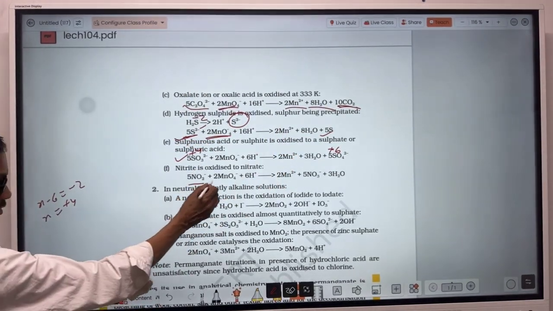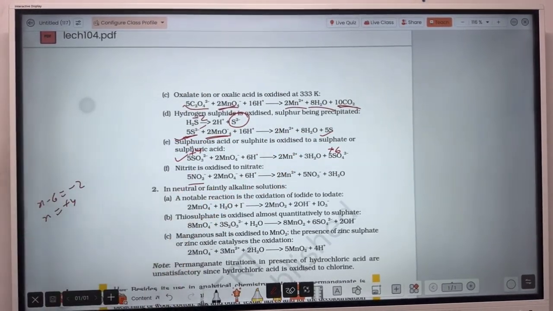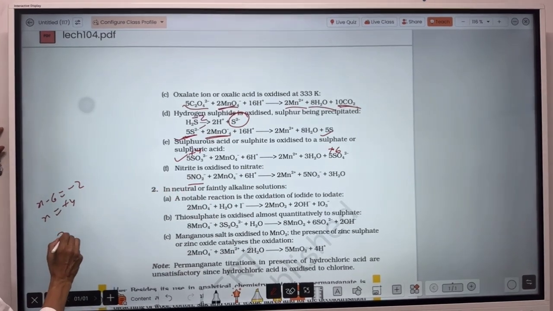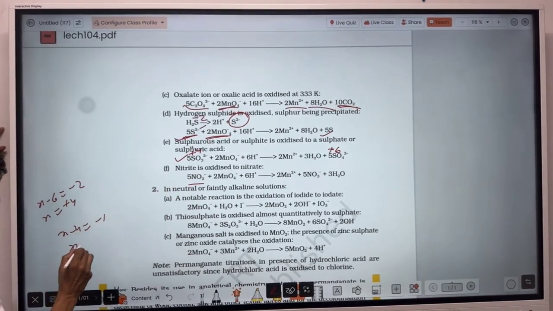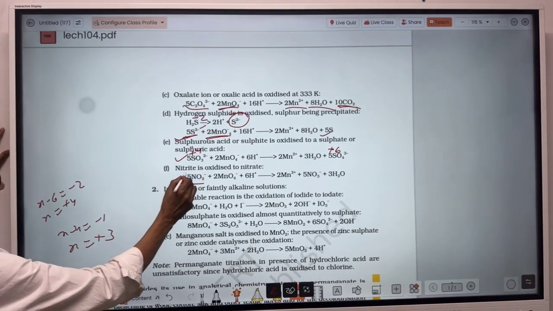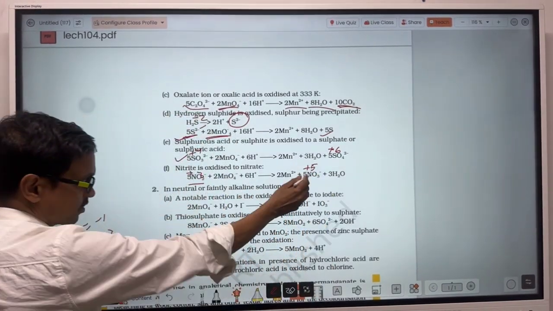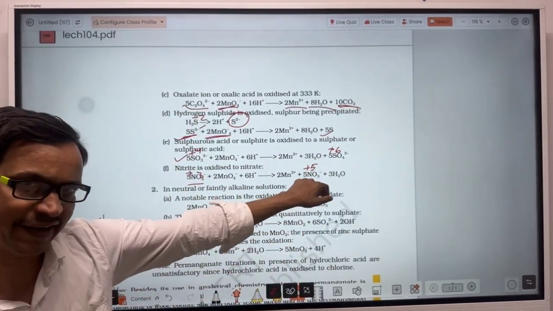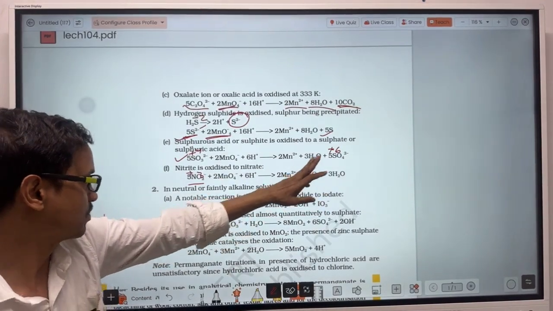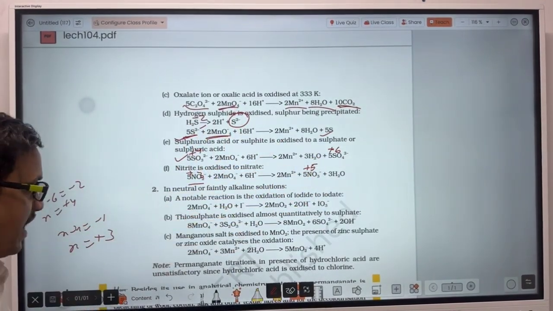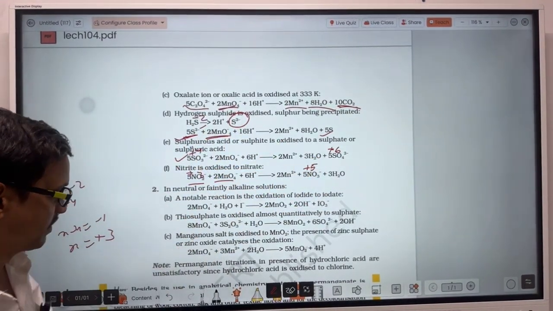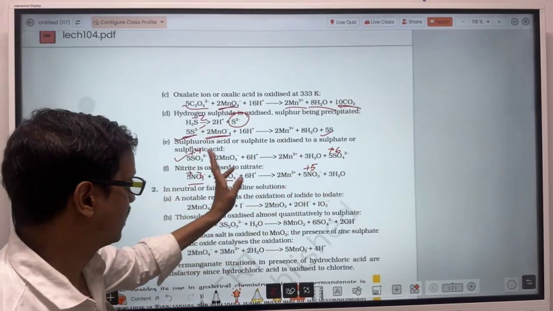Same here, nitrite to nitrate. Taking the oxidation number of nitrogen in nitrite as x, it is +3, and in nitrate +5. You may find the oxidation numbers by yourself also. So +3 to +5, and permanganate ion is converted to Mn2 plus.